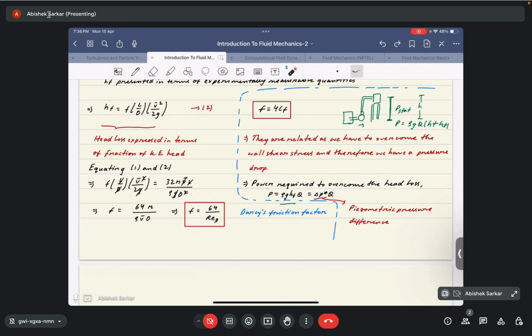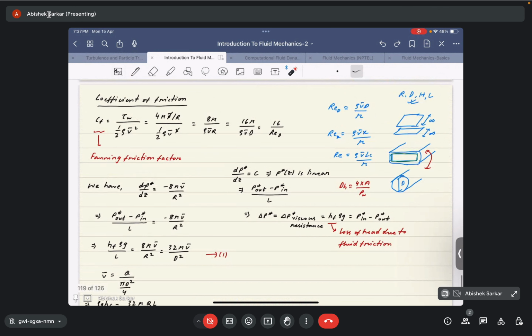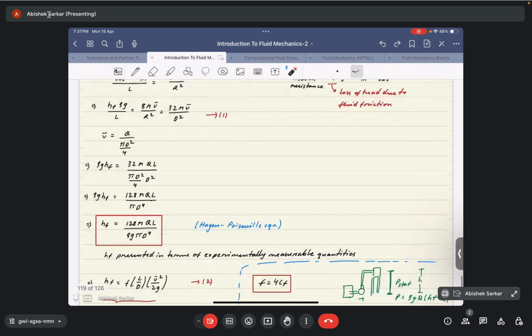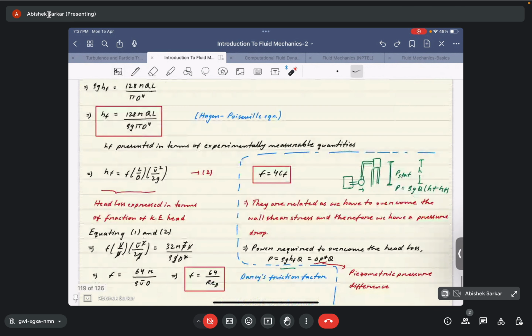Now see, there is a very crucial relation here. The first friction factor that we initially found, that is Cf, is the Fanning friction factor that is related to the wall shear stress, and the second friction factor that we found, that is f here, is the friction factor because of the head loss due to the fluid friction.